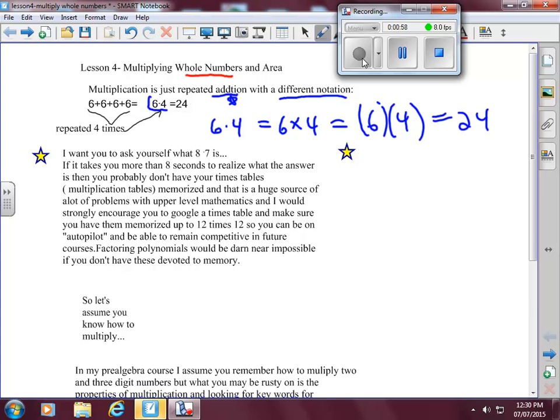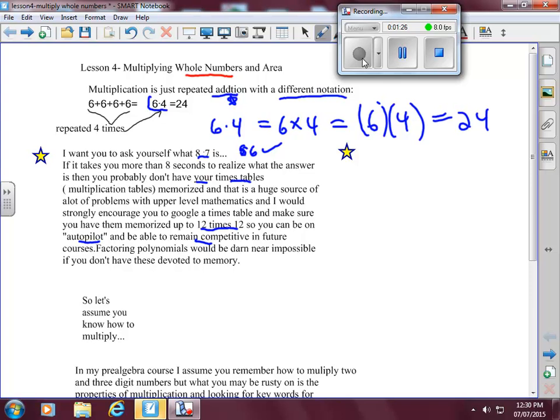I want you to ask yourself what 8 times 7 is. It's 56, right? But if it takes you more than a few seconds to realize what that is, then you probably don't have your times tables memorized. I strongly encourage you to maybe Google a multiplication table up to 12 by 12 and make sure that you have memorized up to 12 times 12 so that you can be on autopilot and quick on your toes.